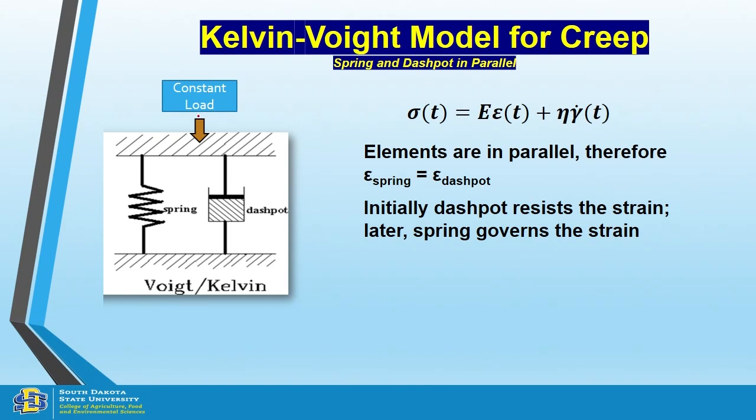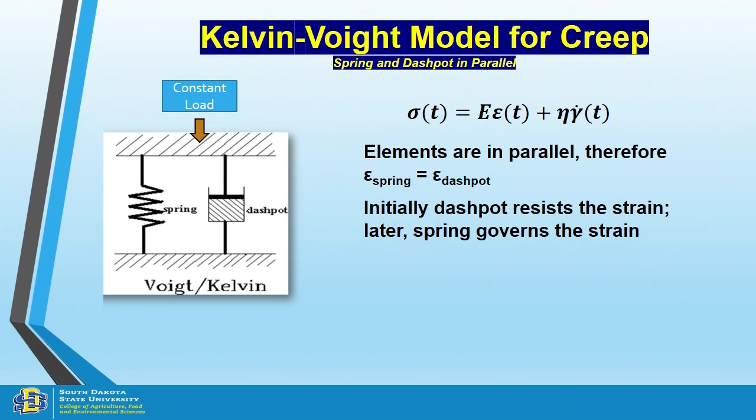When you apply the constant load, the dashpot is going to think, I need to go down immediately. It will try to push it down immediately, but the spring will say, you cannot force me like that, I have equal footage here, you have to follow me. Spring will say, I want to go back.